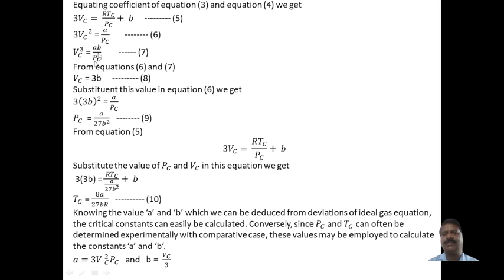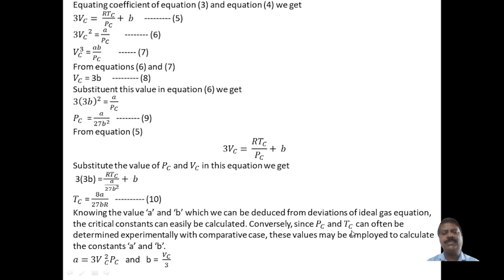Therefore we have Tc, Pc, Vc. From that we can calculate the van der Waals constants A and B. Knowing the values of A and B, we can deduce from the derivation from the ideal gas equation, the critical constants can be easily calculated.